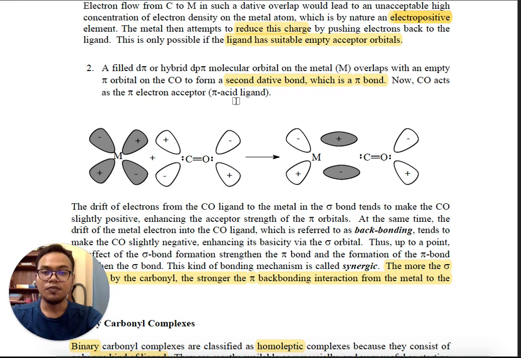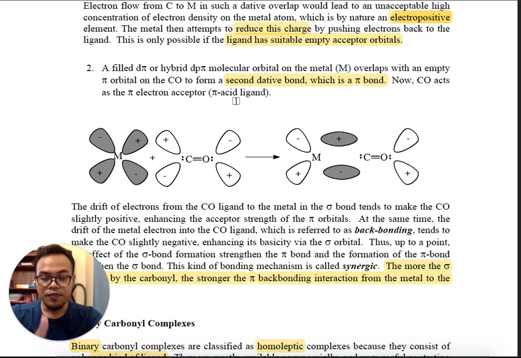Hence, there is a formation of sigma bond. In the second step, there is an overlapping of hybrid pi molecular orbitals on the metal with an empty orbital on the carbon monoxide.